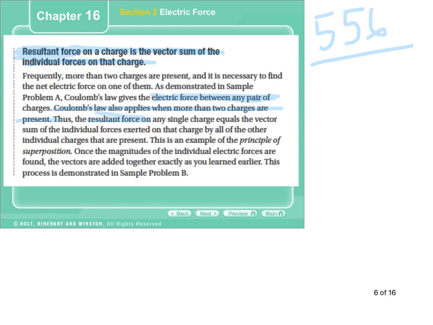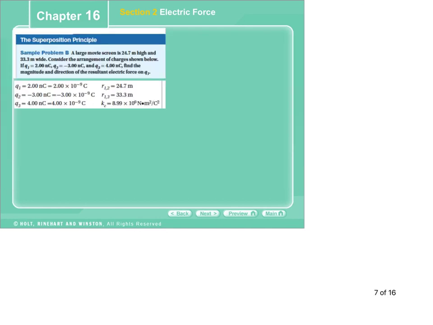So the resultant force on any single charge equals the vector sum on charge of all other individual objects that are present. So this is the principle of superposition from here to here. Principle of superposition. That's what we're going to apply on a few problems today.